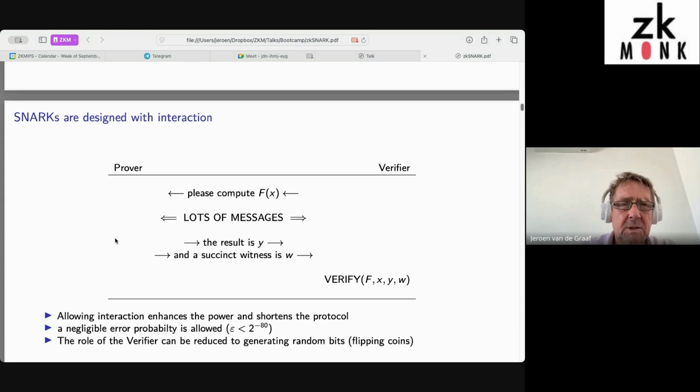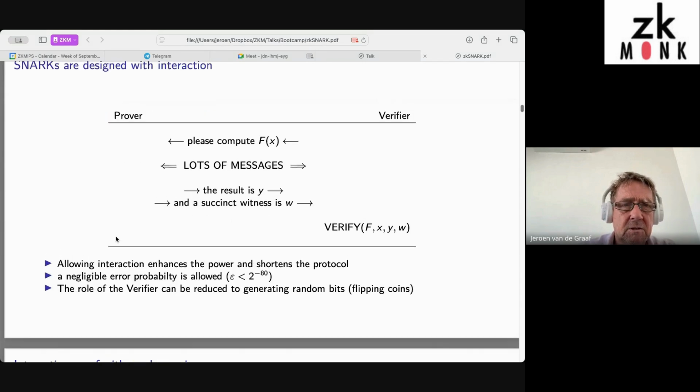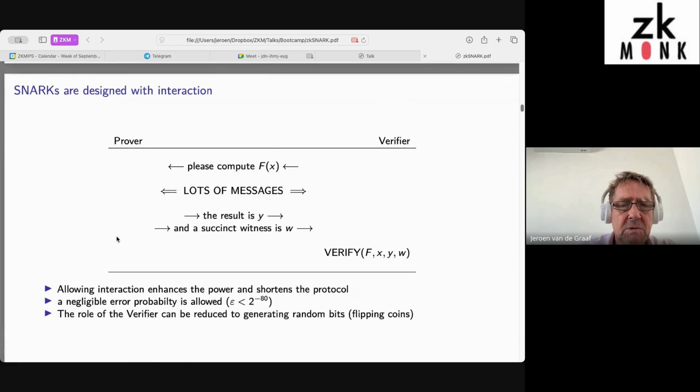It's actually the case that the verifier can do its own computation and, as a result, send a message to a prover. But we can show that the role of the verifier can be reduced to simply generating random bits.